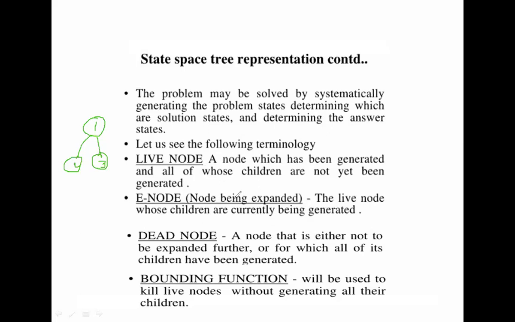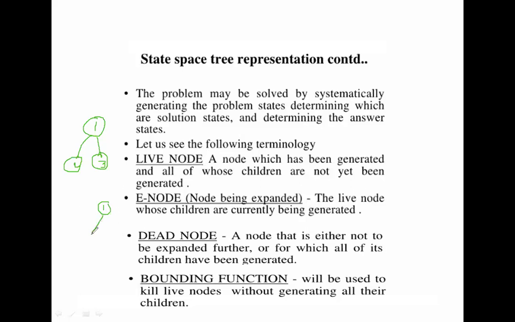Next, the E node: the live node whose children are currently being generated. For example, node 1 is a live node because none of its children are generated.